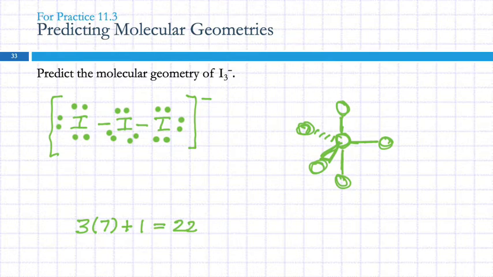So that's the electron geometry, but we want the molecular geometry. We have 3 lone pairs. Lone pairs need as much space as they can get. Where are they going to go? They're going to go around the equator. So this is going to be a lone pair, and this one's going to be a lone pair, and this one's going to be a lone pair.